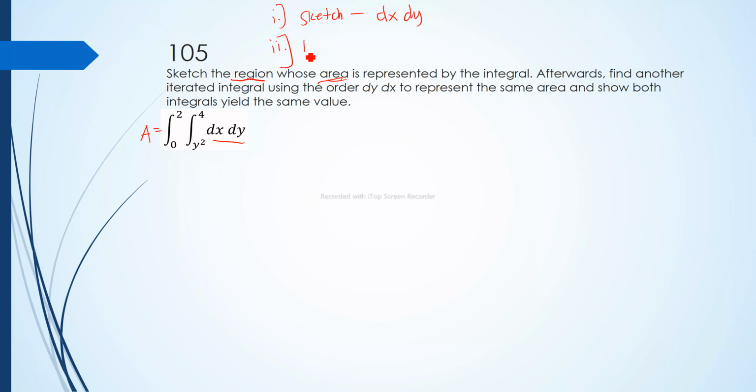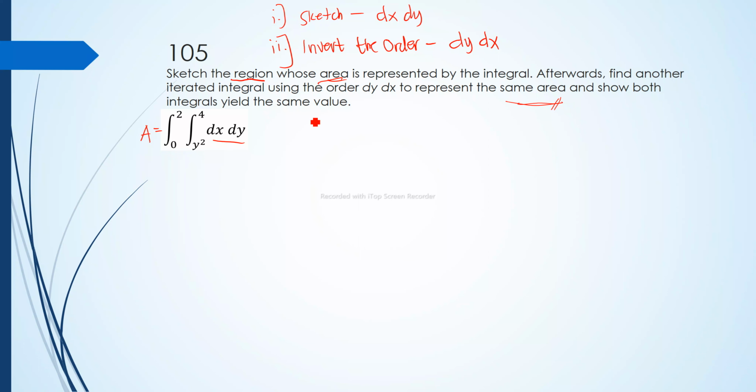The next instruction is that we need to invert, or change, the order. So from dx dy, we need to find an integral in the order dy dx such that it also represents the same region, the same area that will be formed in this sketch, and it shows that both integrals will yield the same value.